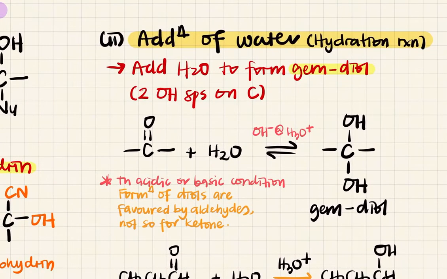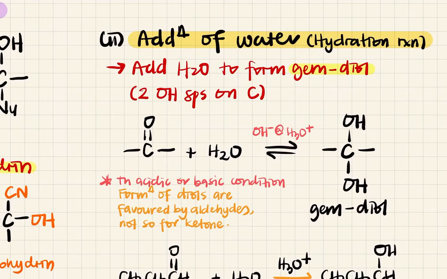Next reaction is an addition of water or hydration reaction. So maksudnya awak tambah H2O to form gem-diol. Ingat tak gem-diol tu apa? Gem-diol is you have 2 OH groups attached to the same carbon. So ingat bila carbonyl compounds is hydrated, in acidic or basic condition, you will form gem-diol.